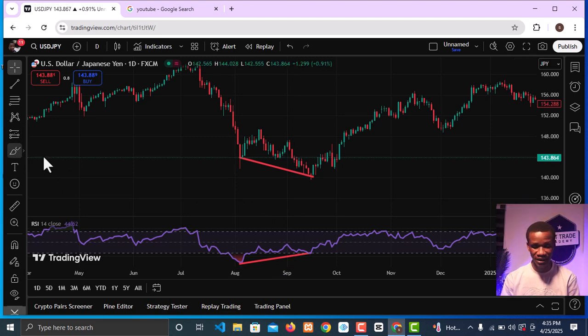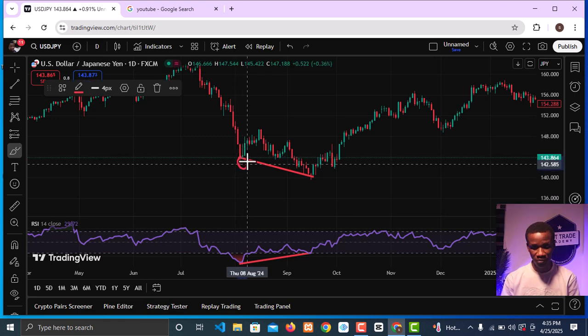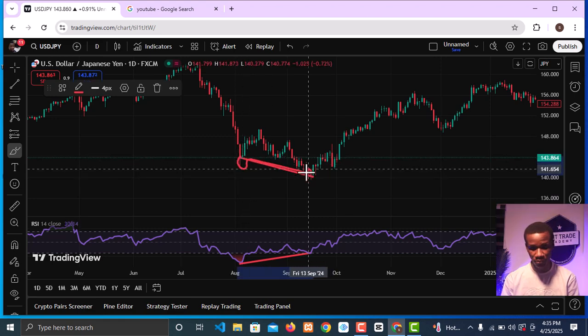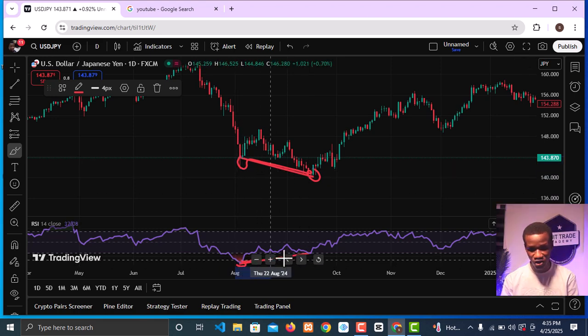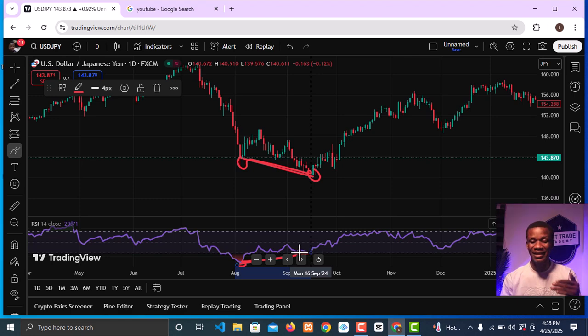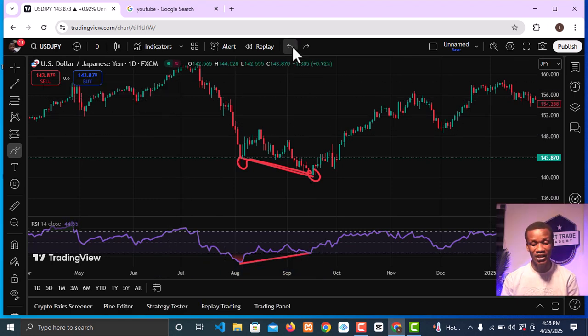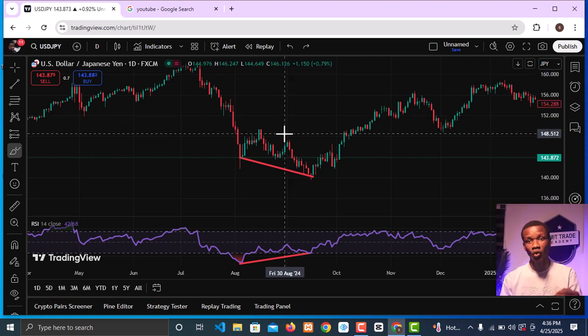If you look at it critically, you discover that market moved from here and came back down to this point right here. But on the indicator, market moved from this area and is sloping upward. And this is a confirmed divergence on price action. So with this, we can trade this all the way to the upside once we have a confirmation.